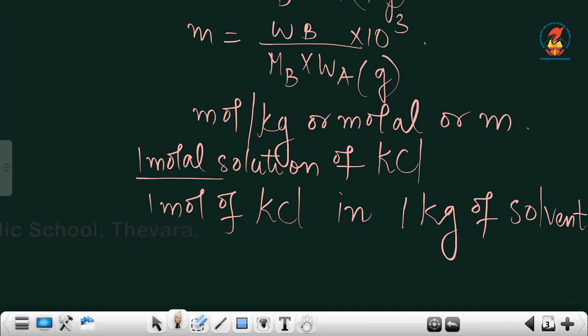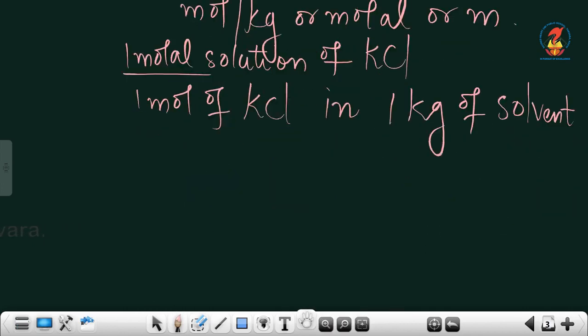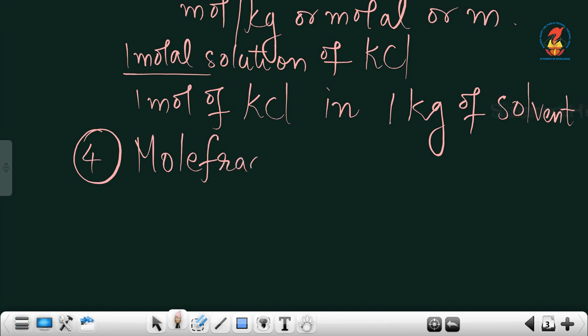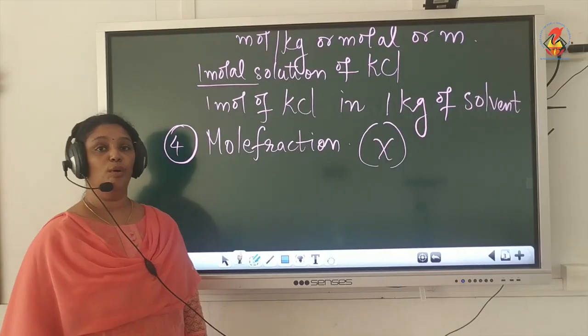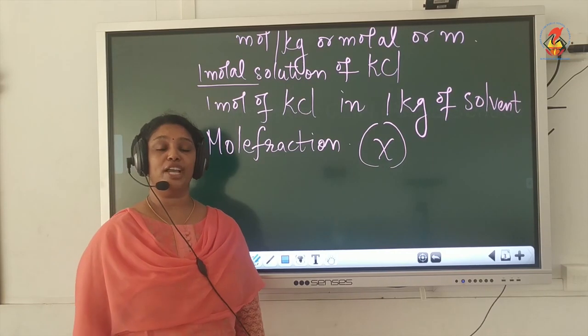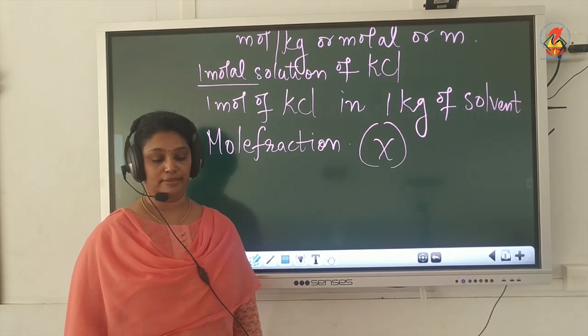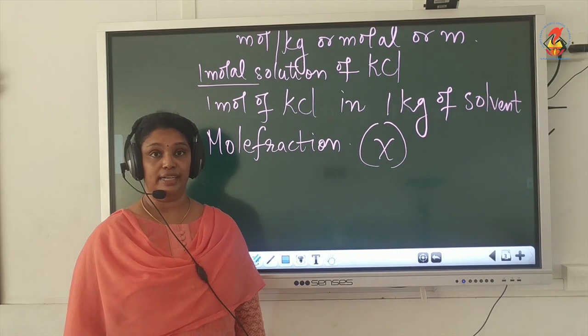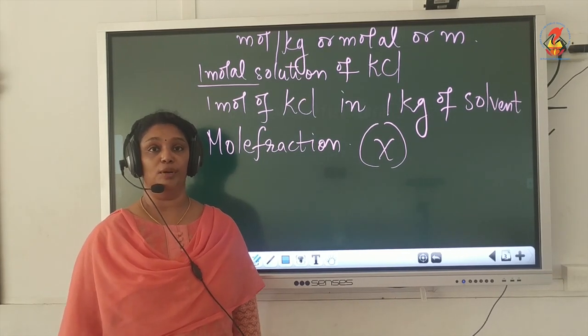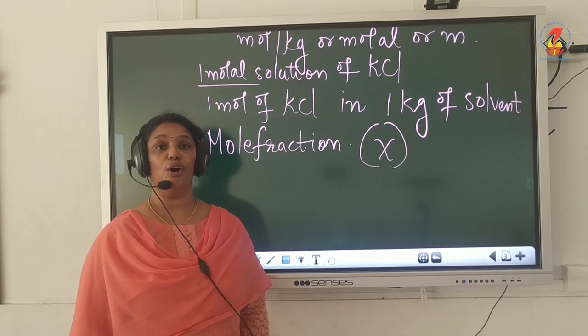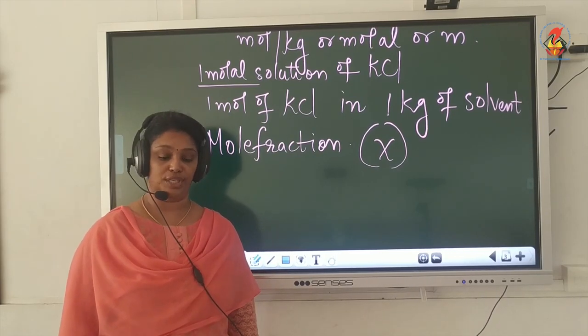So this is molality. Now the next concentration term, that is number 4, is mole fraction, denoted by X. Now mole fraction, the definition is mole fraction of a component is a fraction obtained by dividing the number of moles of that component to the total number of moles of all the components present in solution.